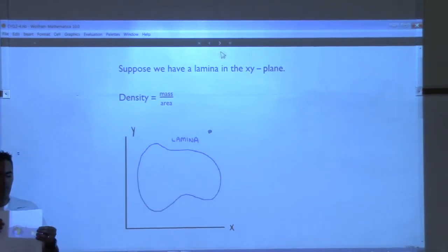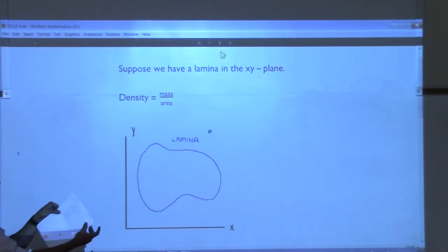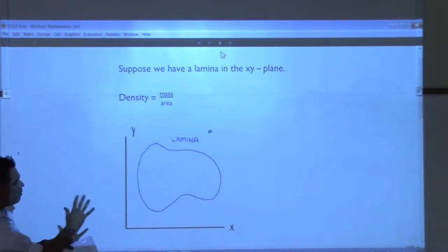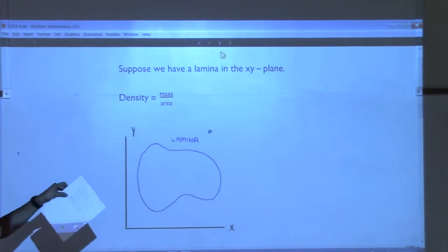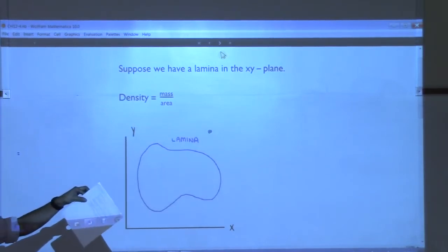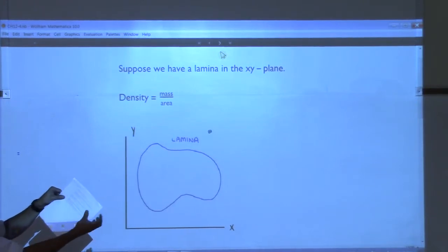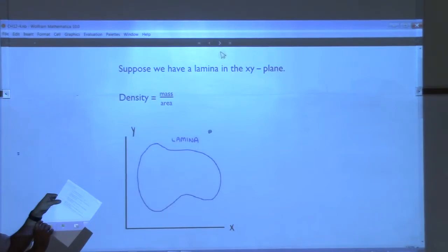In Cal 2, you can find the center of mass of something like this, as long as it's uniform density. What we want to be able to do is find the mass and center of mass of something that is non-uniform, so the density at each point is different. Maybe there's more mass concentrated in one area than in another.